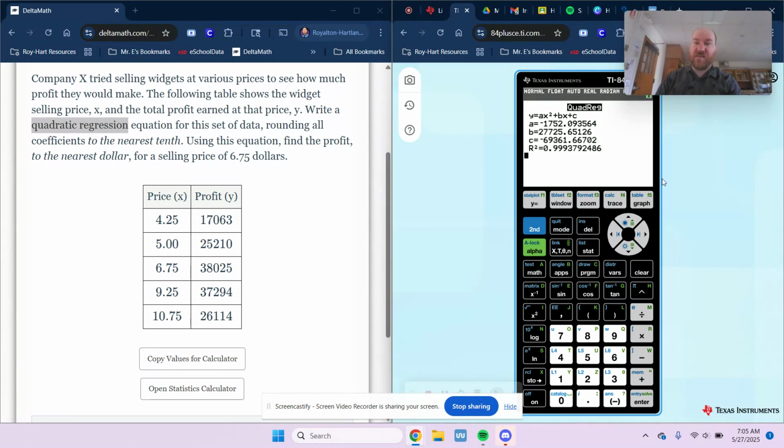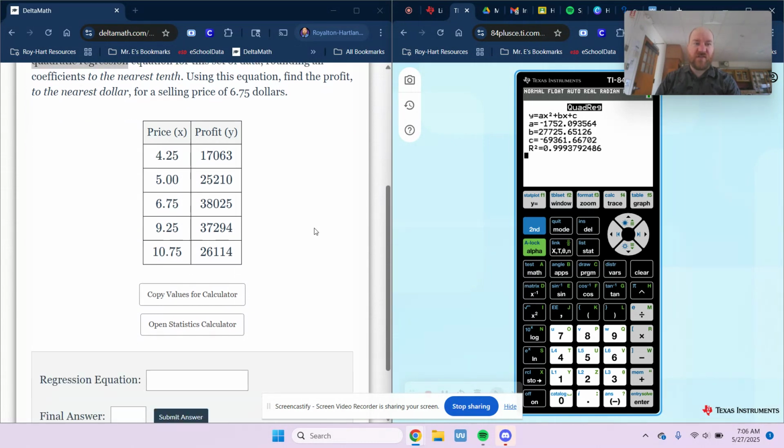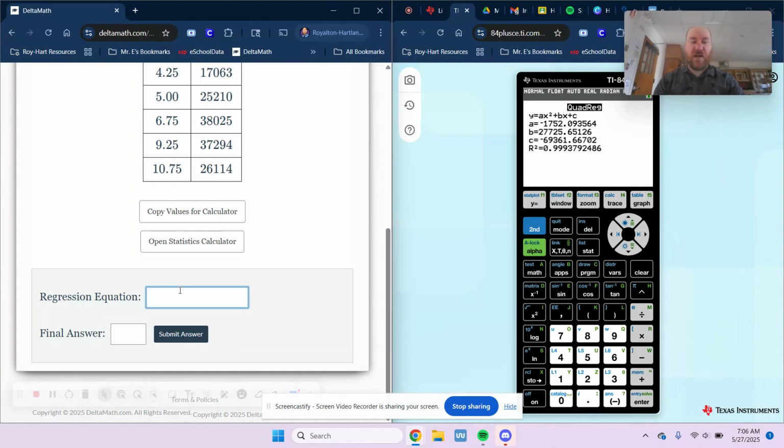So it tells you this is the standard form for a quadratic equation, y equals ax squared plus bx plus c. And then it's telling you the values to plug in for a, b, and c. Now our question on the screen here wanted us to do coefficients to the nearest tenth. So when I type this equation, I'm going to make sure everything is done to the nearest tenth. So negative 1752.1.